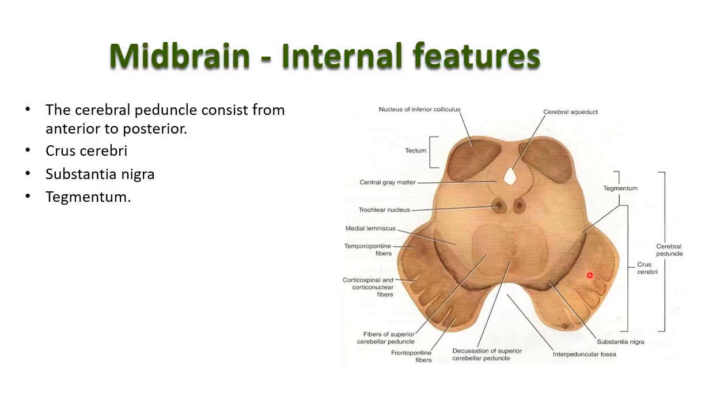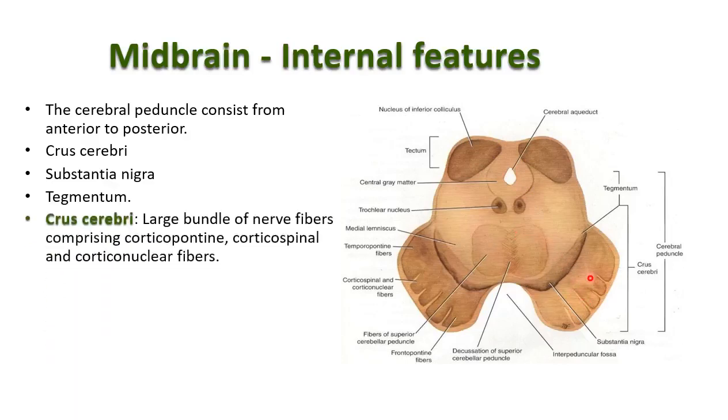So first let us understand about the crus cerebri. They are a large bundle of nerve fibers, mainly consisting of corticospinal, corticopontine, and corticonuclear fibers. In the medial part you have the frontopontine fibers, medial 1/6.